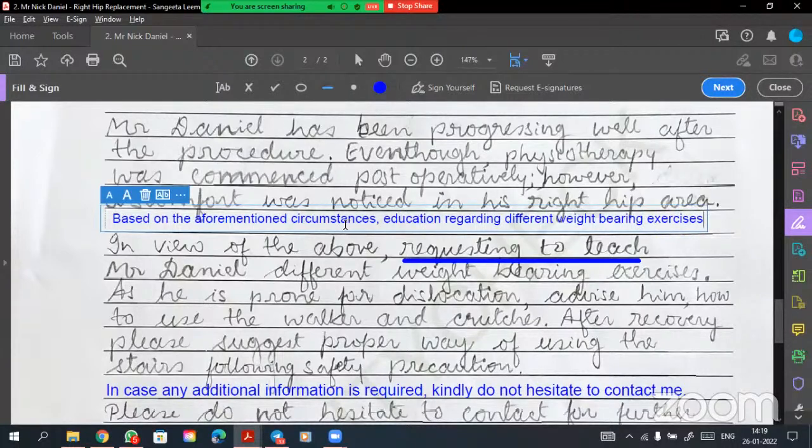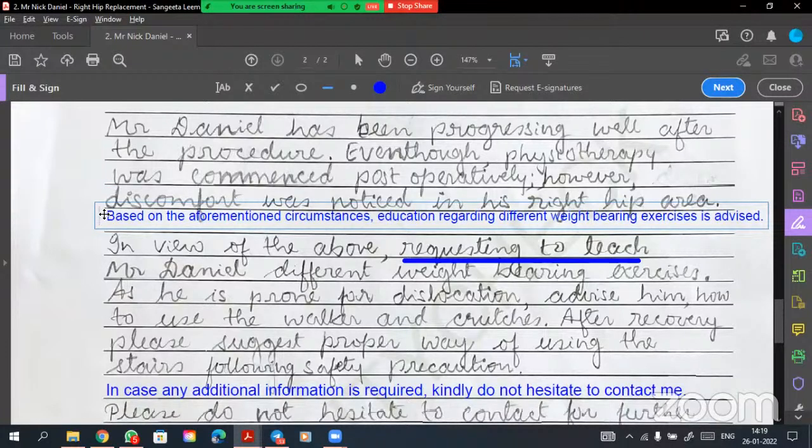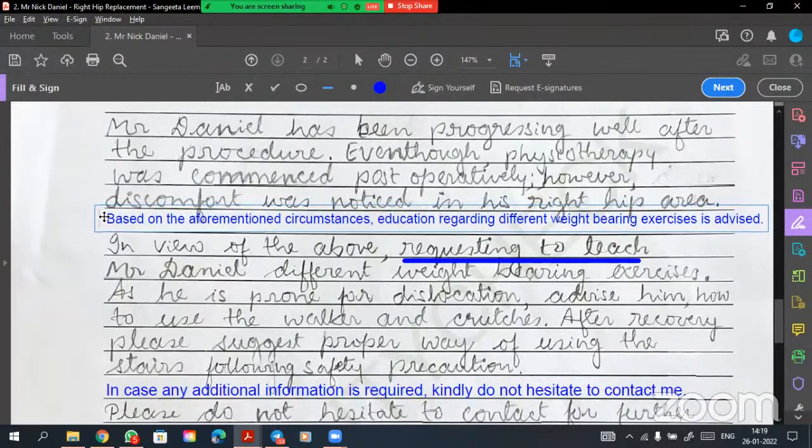Education is required, education is recommended, is advised. Like that you have to write. Based on the aforementioned circumstances, education regarding different weight bearing exercises is advised.